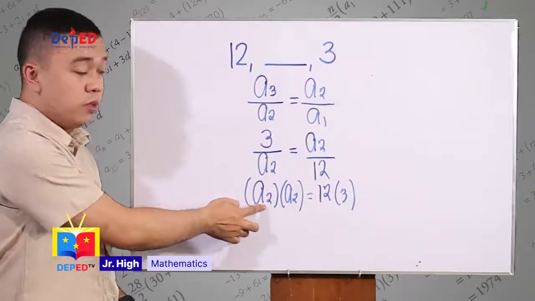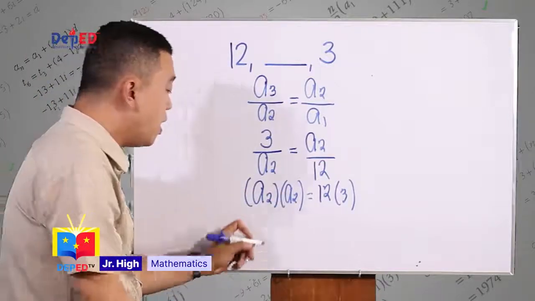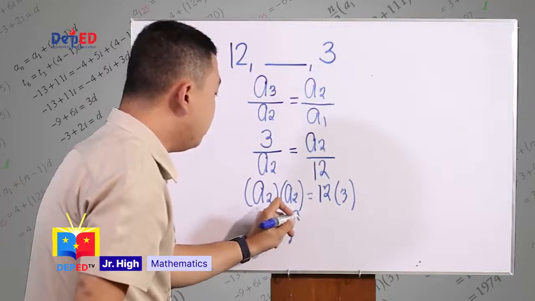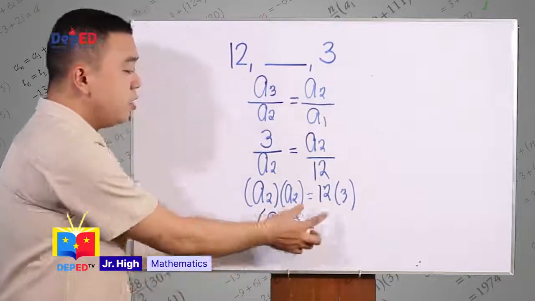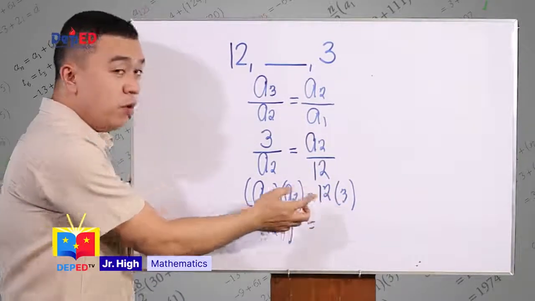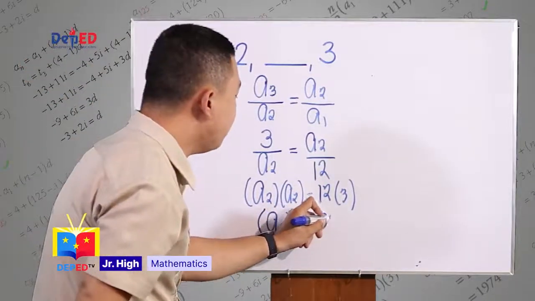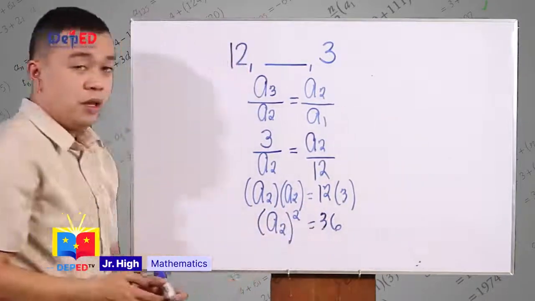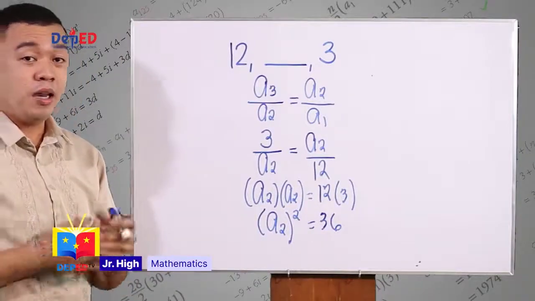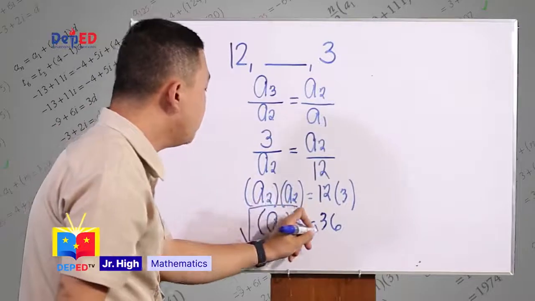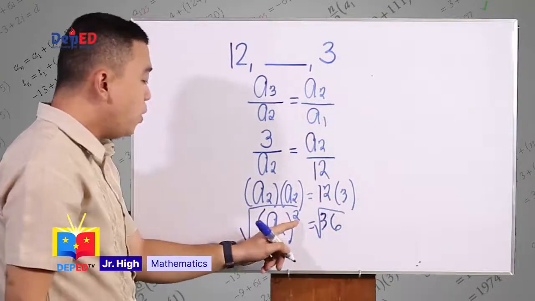A sub 2 times a sub 2 will give us a sub 2 squared. That's correct. And 12 times 3 will give us, correct, that's 36. Next, let's apply getting the square root of each term. So we'll have the square root of this, a sub 2 squared.